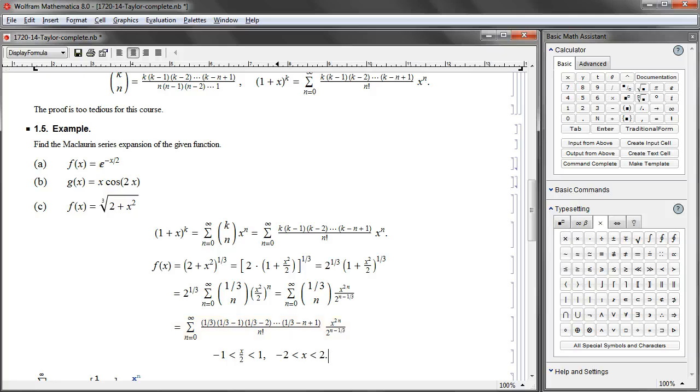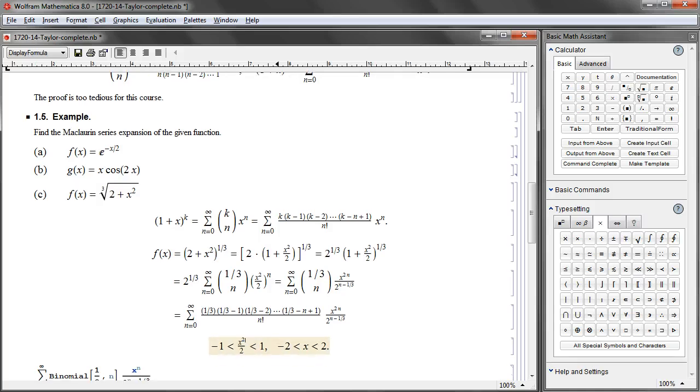And then for the interval of convergence, we need x squared over 2 to be between -1 and +1.